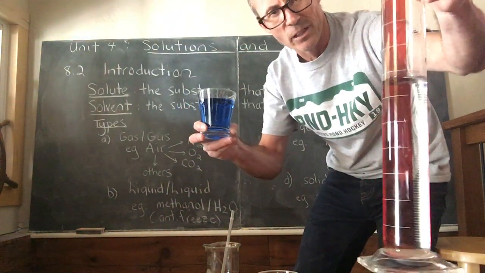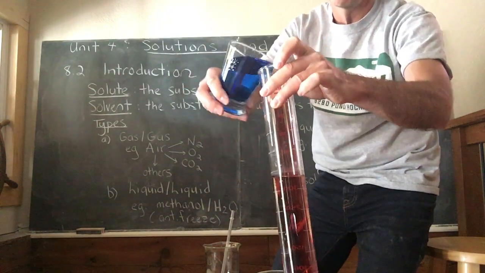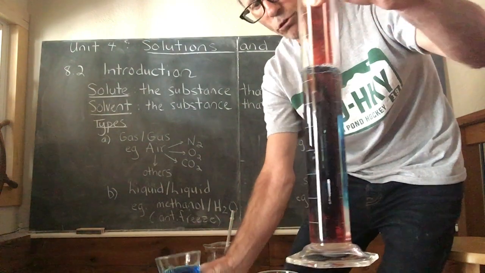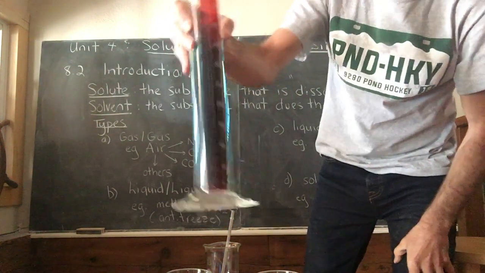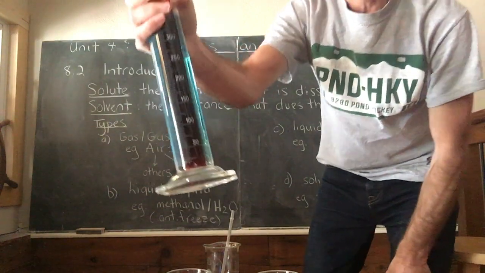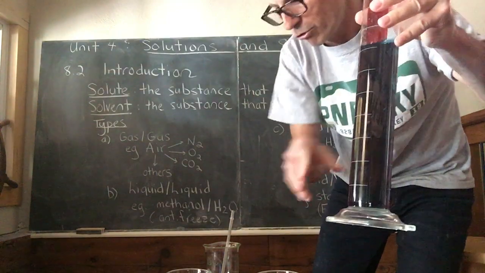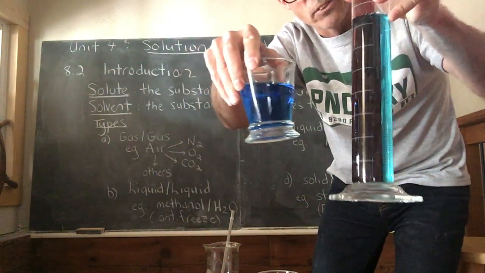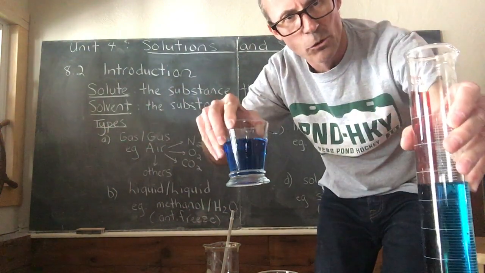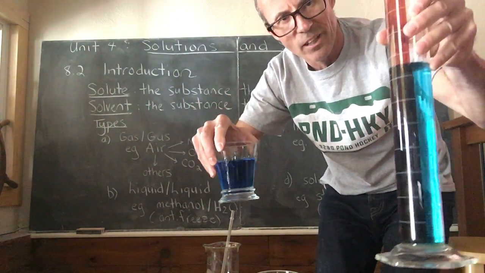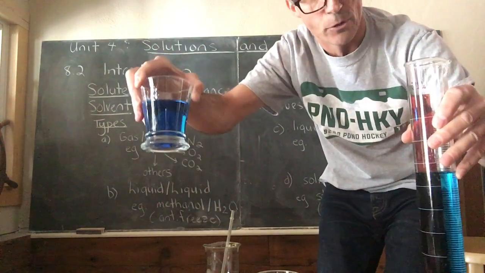I've got a graduated cylinder with water, and if I take a little bit of my concentrated solution and I pour it into my cylinder and try to mix it, not the easiest thing to do, then you can see that this new solution that I just prepared is obviously more dilute than the original. So dilute solutions do not contain as much solute per unit solvent as a concentrated.